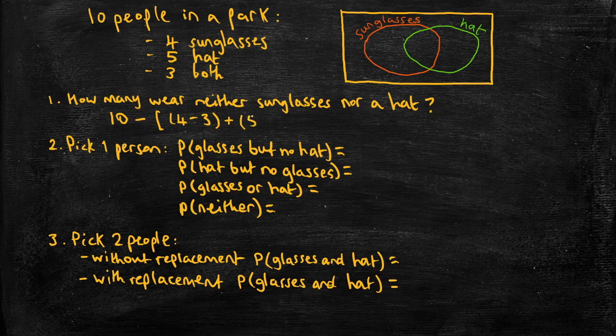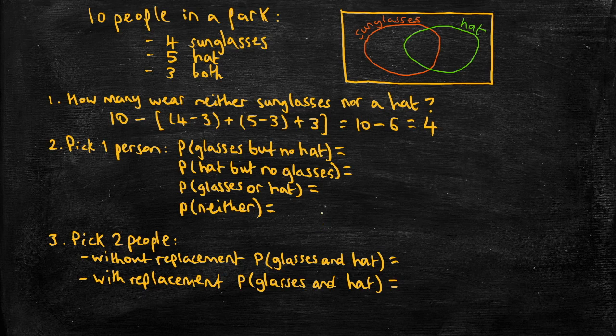So 5 minus 3 must be the number of people with a hat but no sunglasses. And then we've got the 3 people that have both. So that accounts for everybody with either sunglasses or a hat or both. And so if we subtract that from 10, we'll get the people with neither sunglasses nor a hat. So that comes to 10 minus 1 and 2 and 3 comes to 6. So we get 4 people who are wearing neither sunglasses nor a hat.